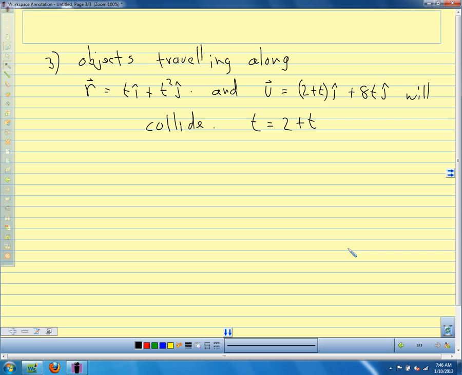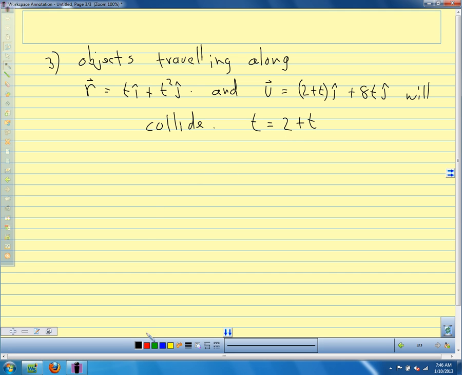Can that ever happen? Oh wait, if t equals 0? If it was multiplication, that would work, right? We need t equals 2 plus t. We have to have the x coordinates be the same at the same time, and this can't happen.